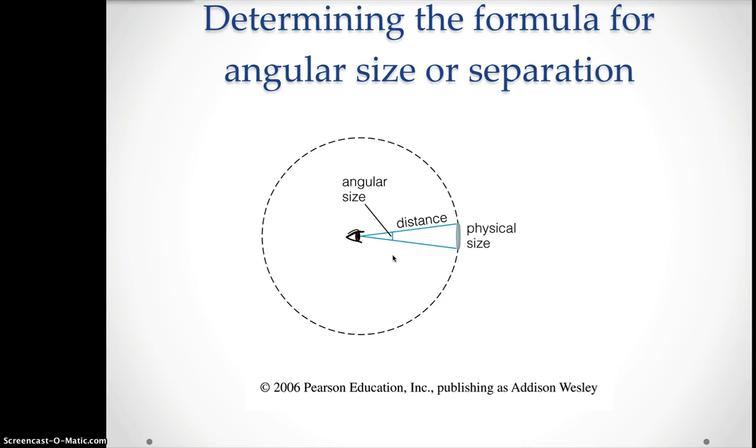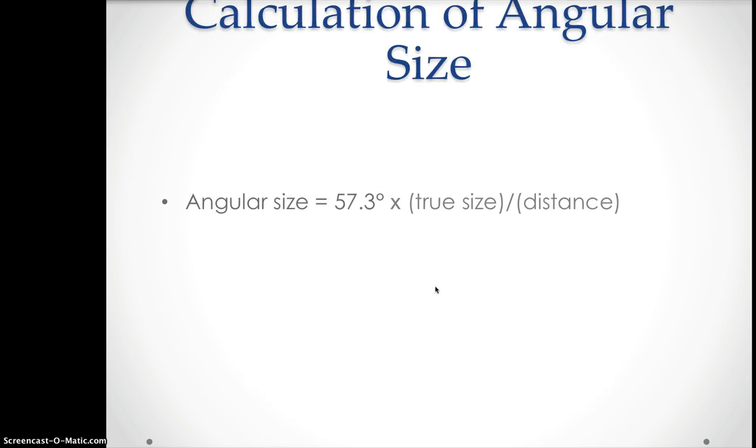If we make a proportionality out of those two things, we can come up with the expression of how we can calculate angular size or angular separation. It is going to be equal to 57.3 times the true size divided by the distance. You might get to use this expression on some of your homework.